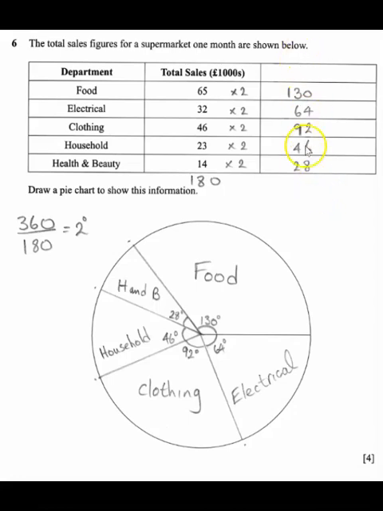Once you've got all that, all the numbers in the last column should add up to 360. If they don't, then something's gone wrong somewhere. And then you can use your protractor to draw your angles out. There is a line that was already drawn on the original question. You use that and draw your angles around this point here.